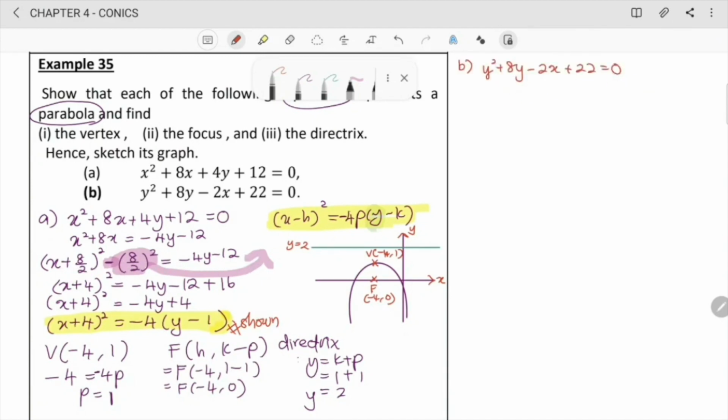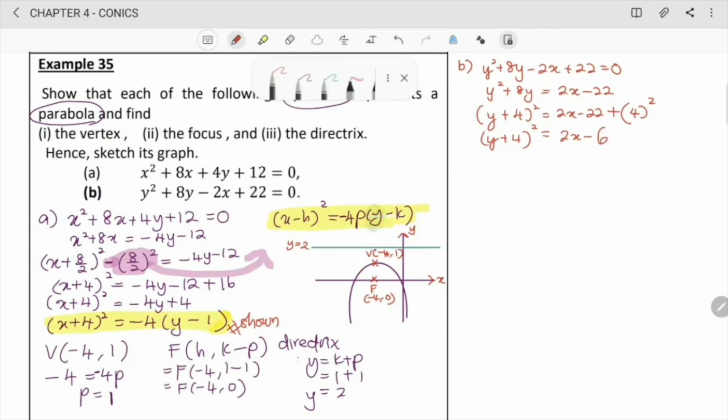Here are the equations, so we are going to move the negative 2x and 22 to the right side. So we have 2x minus 22, and we are going to complete the square of this term. 8 over 2 is 4, and 4 squared is 16. After you calculate it, you will get 2x minus 6 on the right side.